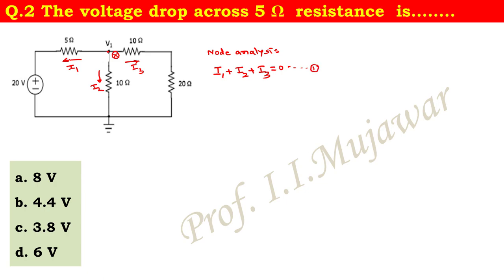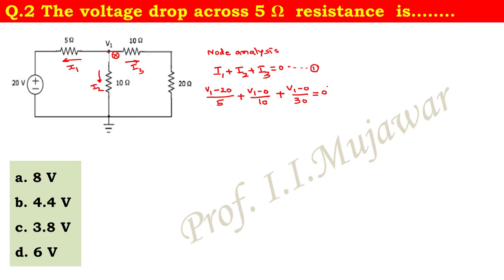I1 is the current flowing through the 5 ohm, which is the potential difference V1 minus 20 divided by the resistance value, so that is (V1 minus 20) by 5, plus current I2, the current flowing through the 10 ohm, so it is (V1 minus 0) by 10, plus current I3, the current flowing through this series combination, so it is (V1 minus 0) by 30, and that is equal to 0.